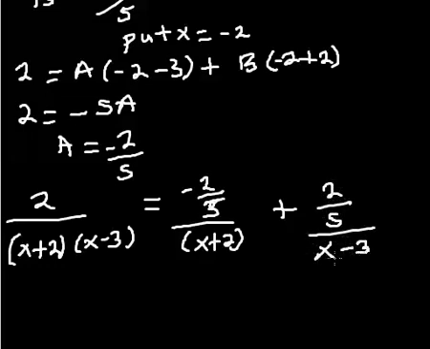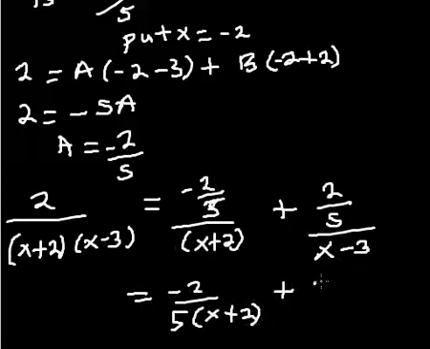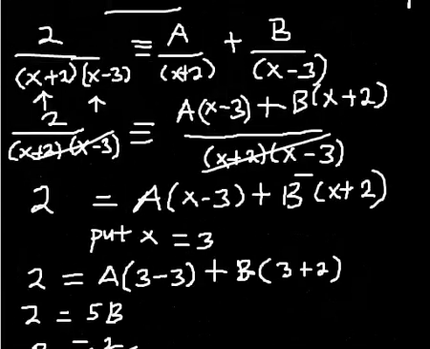So as simple as that. You can express this as minus 2 all over 5 times (x plus 2), then plus 2 all over 5 times (x minus 3). As simple as that. Let's look at another example.